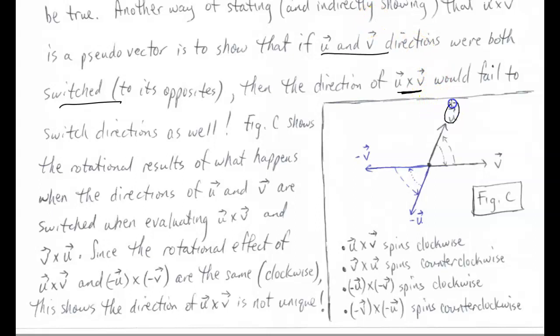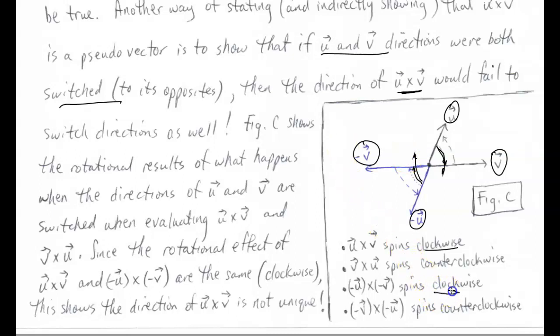If you look at our vector u and our vector v here, when u acts on v, the rotation is going to be clockwise. Now notice that if I switch the directions of u and v, and make minus u act on minus v, it's spinning in the same direction as it was when I had u acting on v.